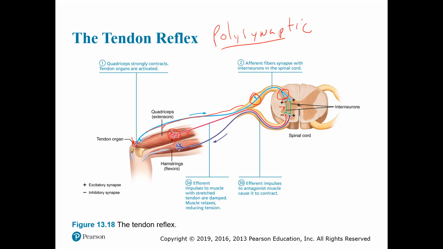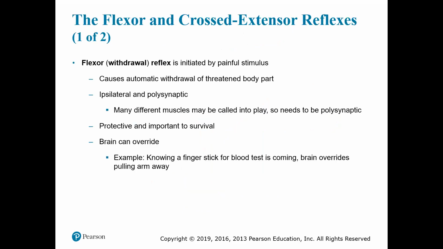So this is really preventing stretch in this time. But with tension, it would be the opposite. Then you'd have relaxation of the quadriceps and contraction of the hamstrings. So again, it's a protective mechanism against stretch or tension. But know the arc. That's really the key.